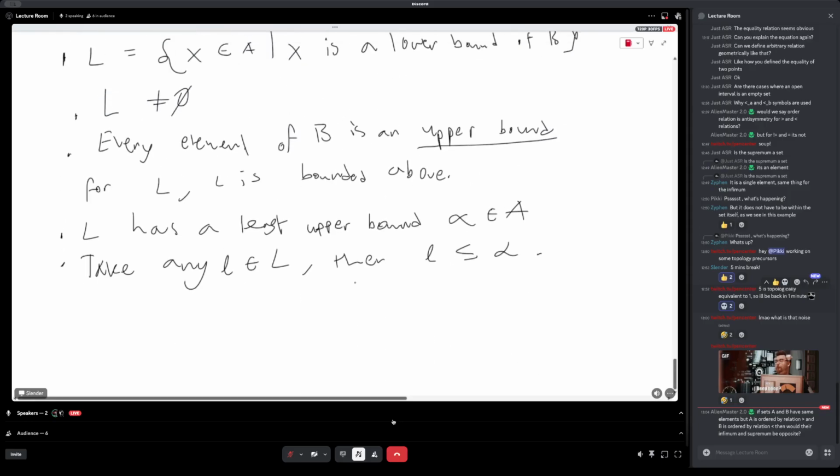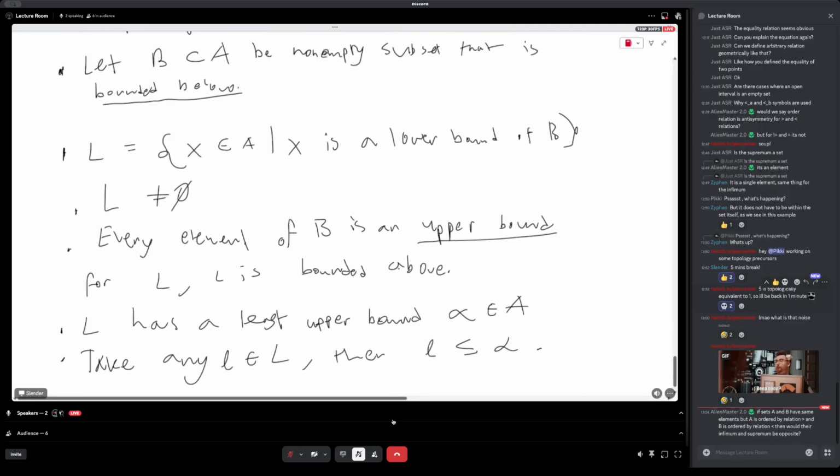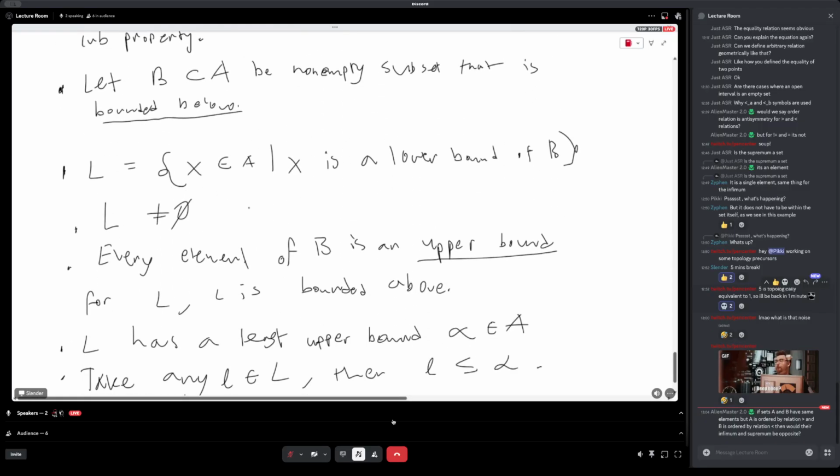So now the thing is, remember that B is an upper bound for L.